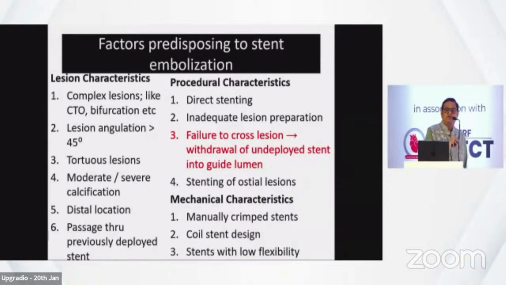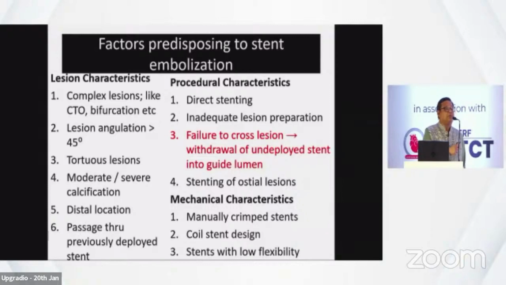In that situation, if you try to push the stent in with force, and then if it is not going, you try to retrieve it, this is a recipe for certain stent embolization. So be very careful when pushing a stent through; if it is not going, don't apply any force.